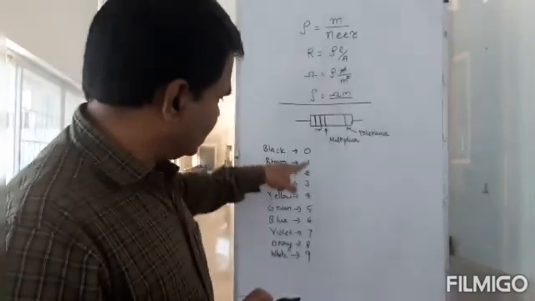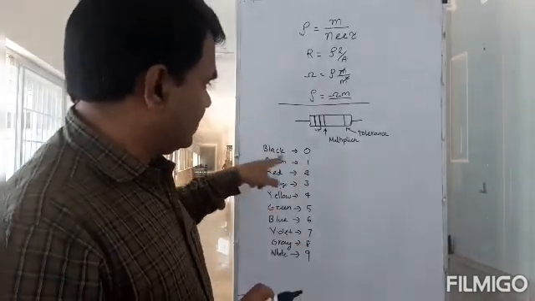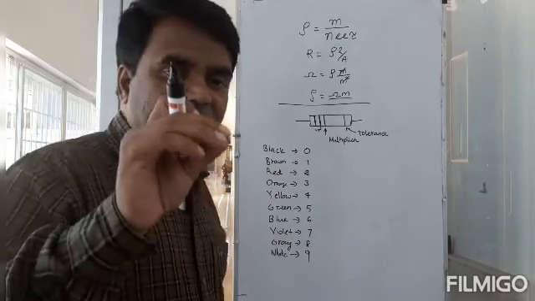These are the 10 digits represented by these colors.